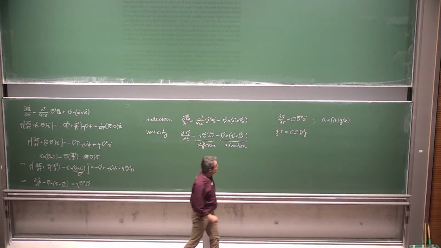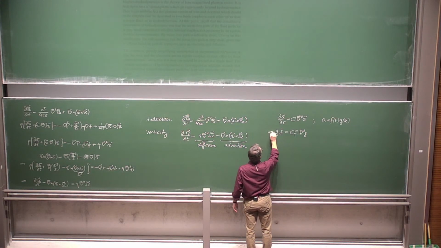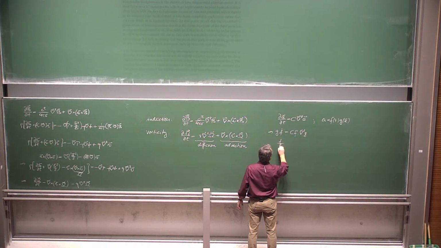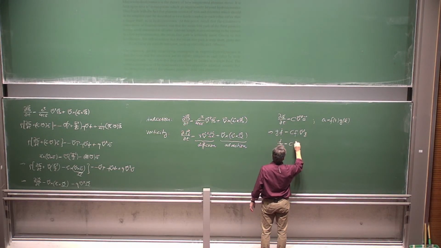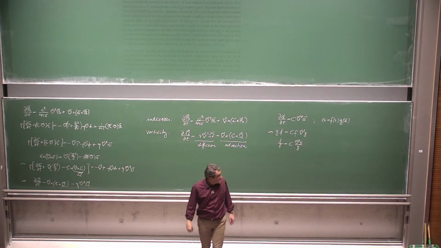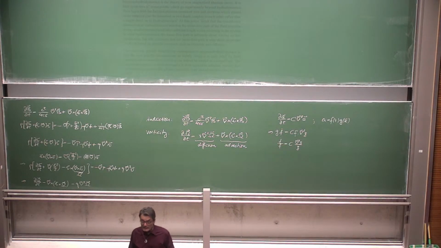And then you do the usual thing, right? You separate, and you see f dot over f is c times Laplace square g over g. Now you have the usual situation that you have an equation purely of time on the left-hand side and purely of x on the right-hand side, and they can only be satisfied if they both are the same constant.